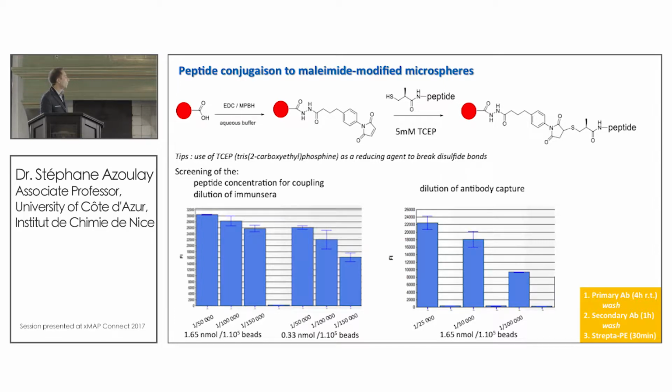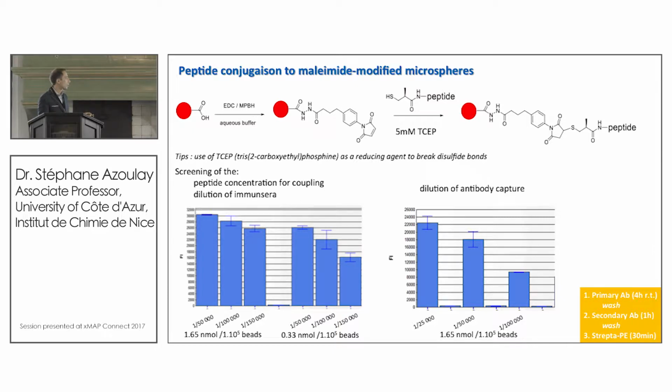So we made the beads and, as everybody does, tested the coupling efficiency for the first time. We varied the amount of peptide per bead during the coupling phase, and we rapidly tested different dilutions of serum and of secondary antibody. At this stage, everything was okay.